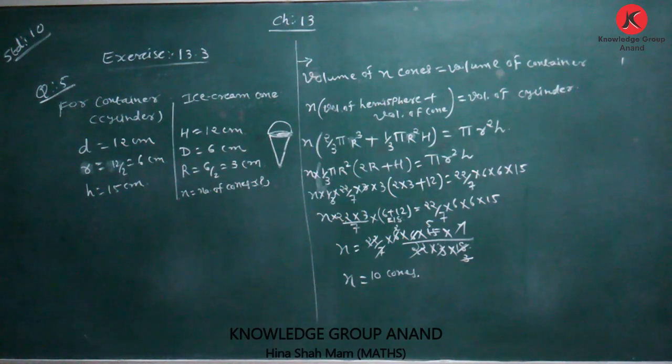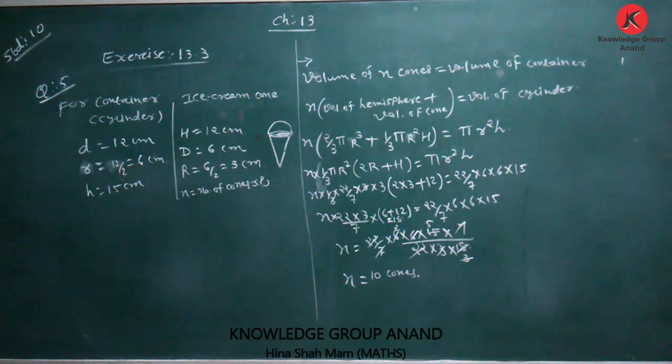The ice cream is to be filled into cones of height 12 centimeter and diameter 6 centimeter, having a hemispherical shape on the top. Find the number of such cones which can be filled with ice cream.